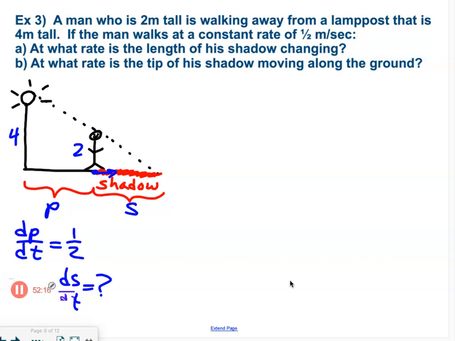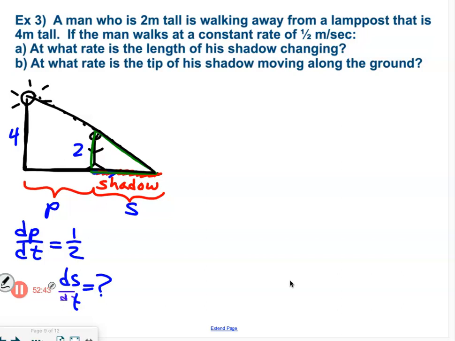Okay. I'm going to draw something. Don't draw this, you'll ruin your picture. We have a little triangle formed by the man and the shadow, and a big triangle formed by the lamppost to the same point.